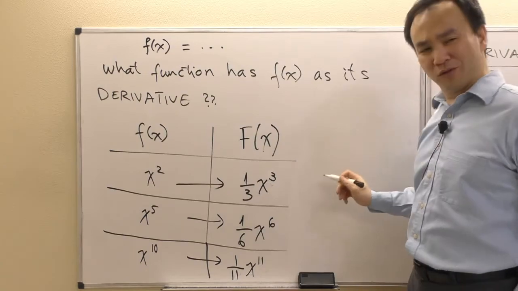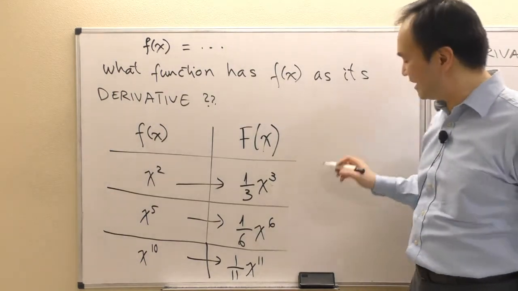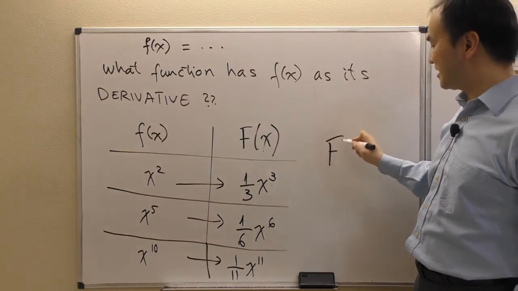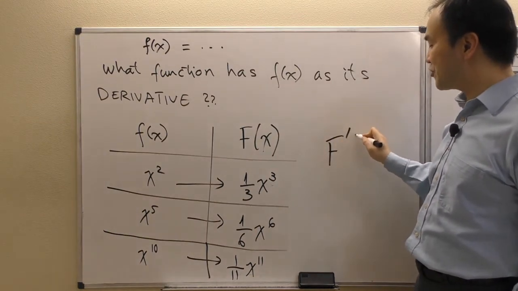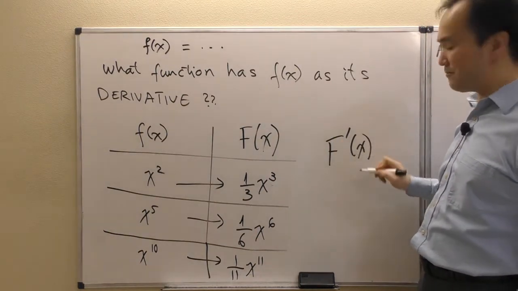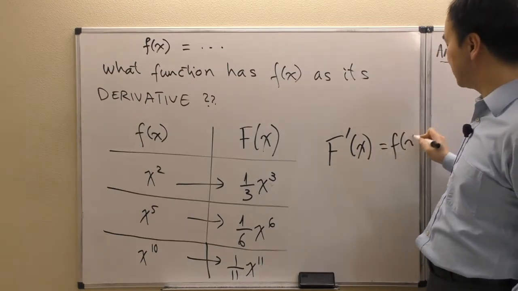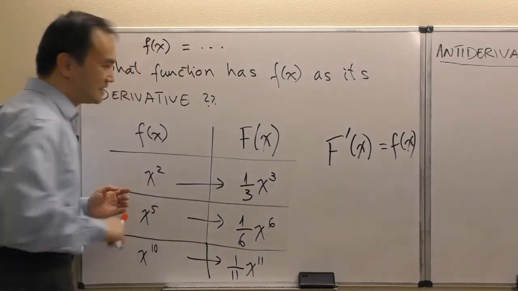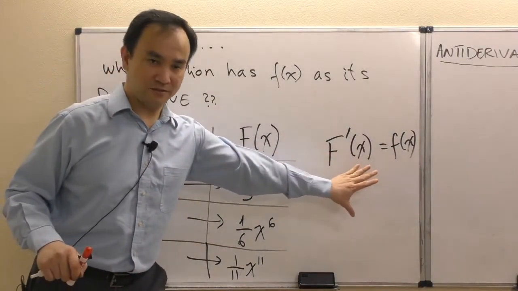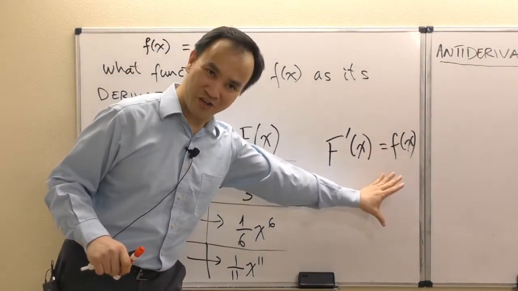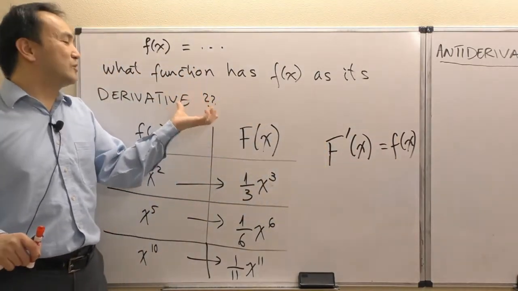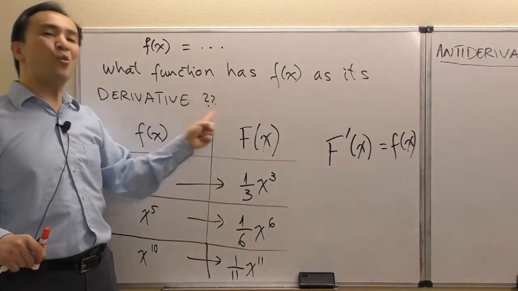The relationship I'm talking about is that this capital F of x satisfies, isn't it true, that capital F prime must equal f of x? This mathematical expression is the best way to describe our answer to this question.